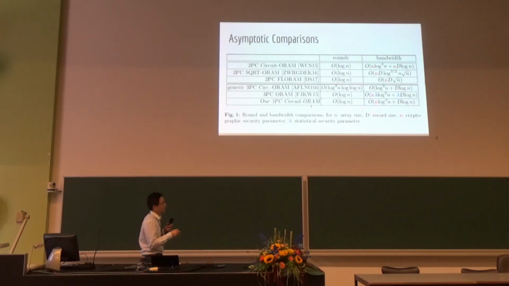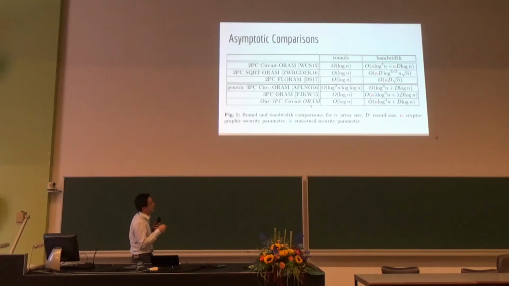We still have a garbage circuit for this part, so there's a security parameter here, but for the real data movement, the eviction movement, there's no security parameter, and no statistical security parameter. And before, I didn't mention there's also a generic way to implement 3PC ORAM.